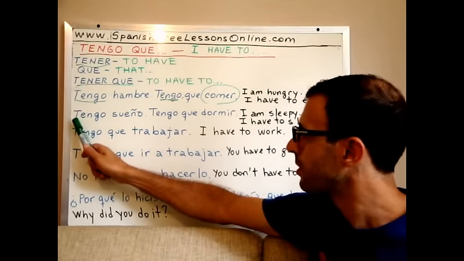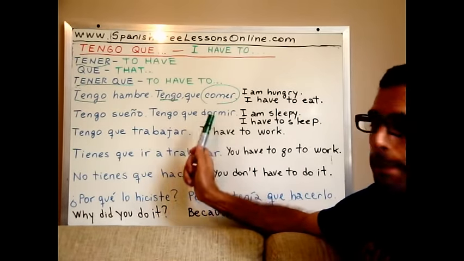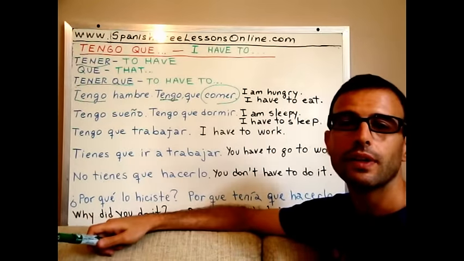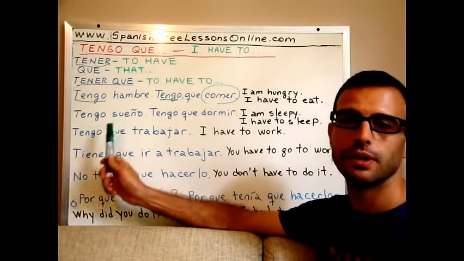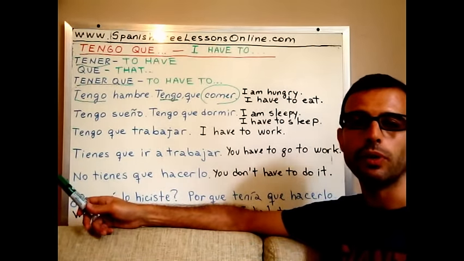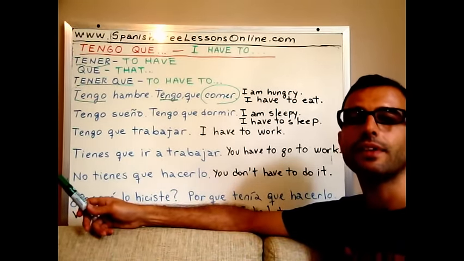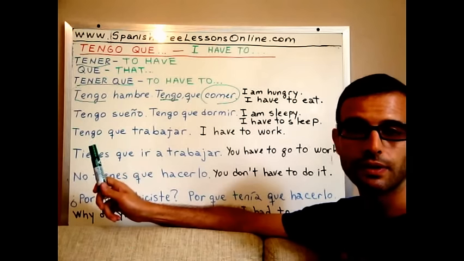Let's see second example. Tengo sueño. Tengo que dormir. Sueño means sleepiness, right? So this would be I am sleepy, right? But in Spanish we don't say I am sleepy, we say I have sleepiness, right? So sueño means sleepiness.